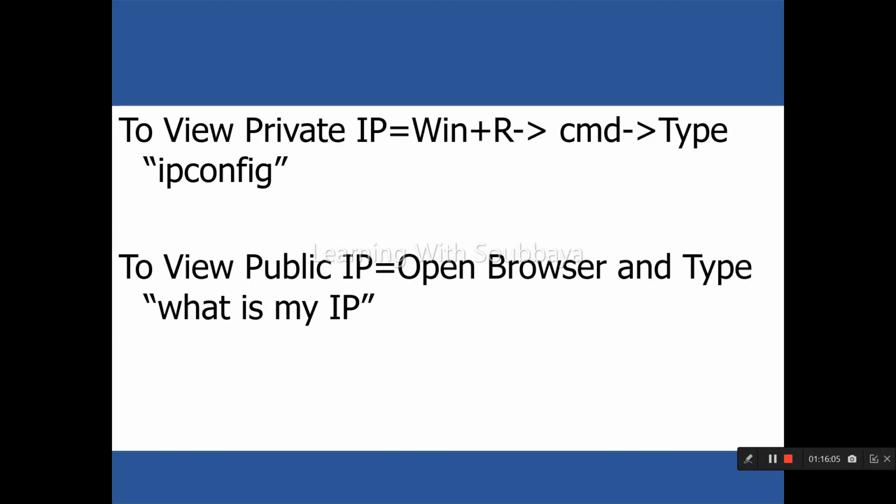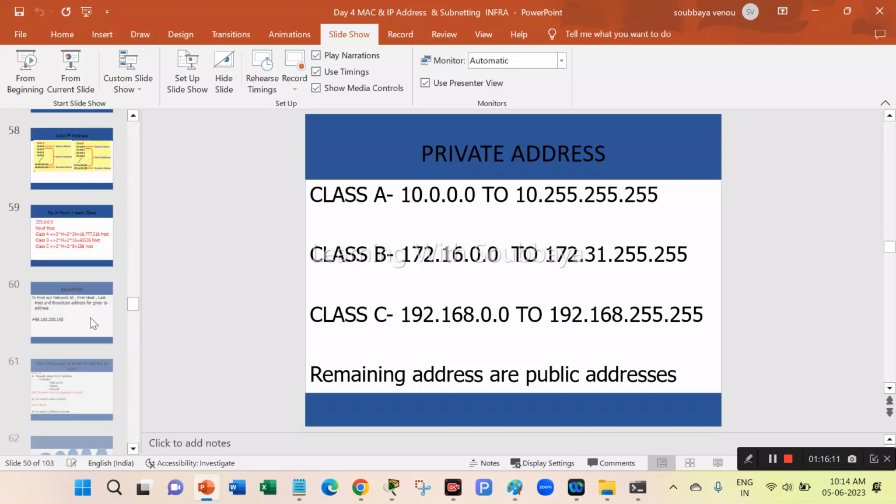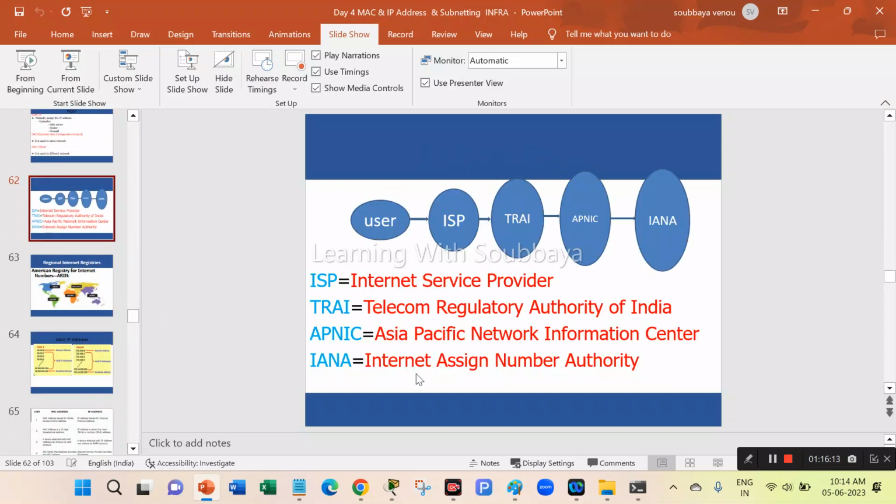So who will provide this IP address for you? Who provides these private IPs and public IPs? We have an organization called IANA, Internet Assigned Numbers Authority. They divide the complete address space into multiple regions.